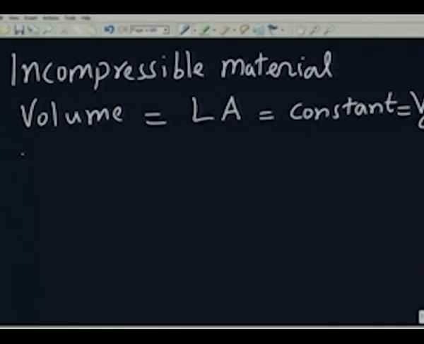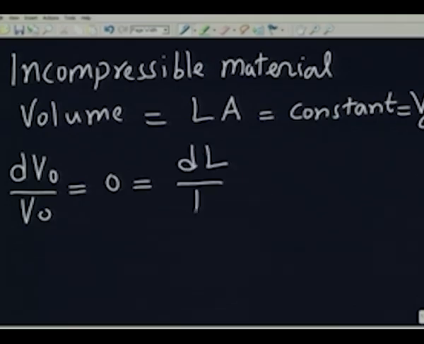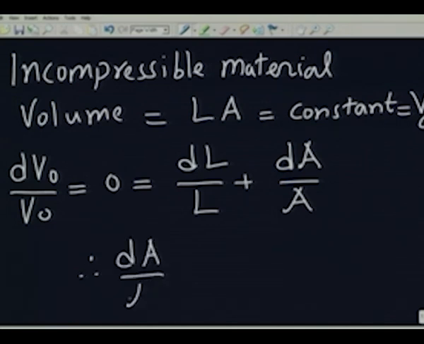So, we will say dV naught by V naught equal to 0, and by logarithmic differentiation, which is familiar to us, this will be nothing but dL by L plus dA by A, and therefore, this is equal to 0. That means, dA by A equal to minus dL by L.